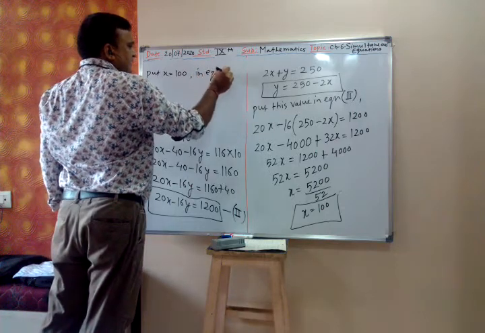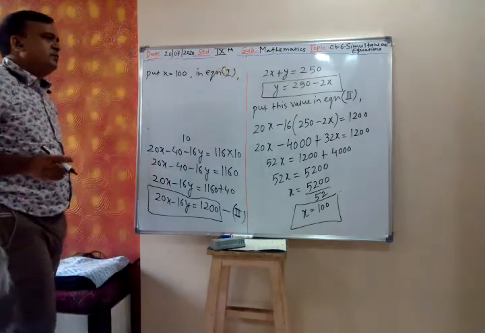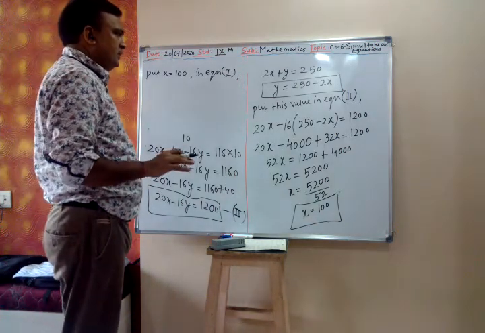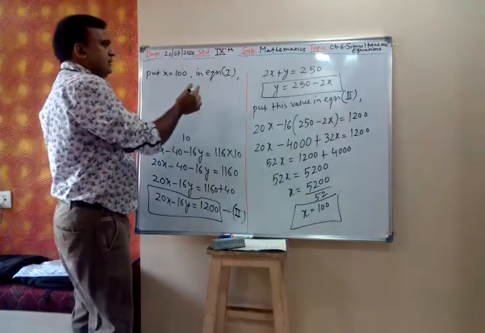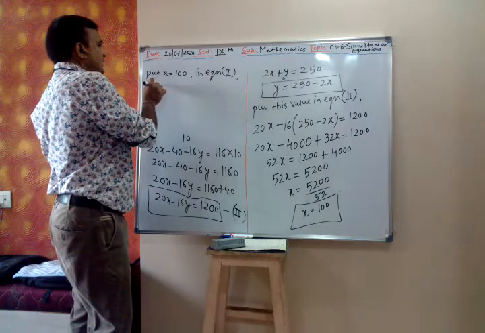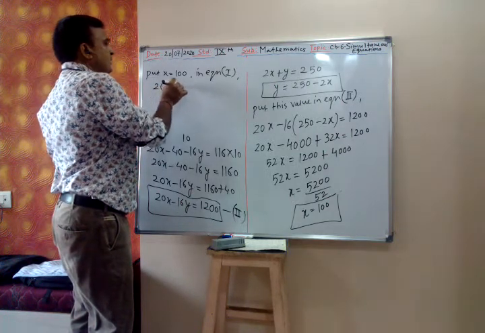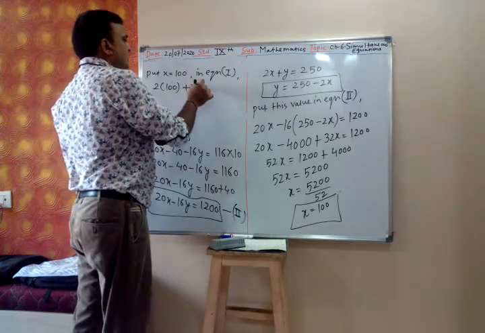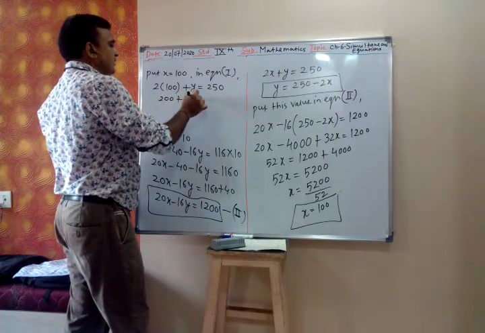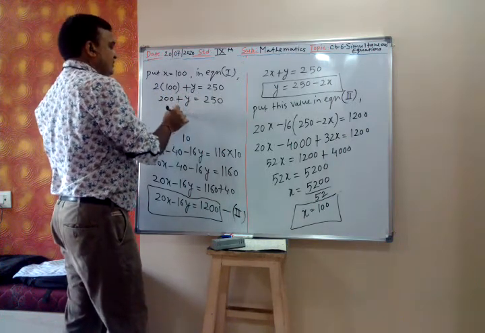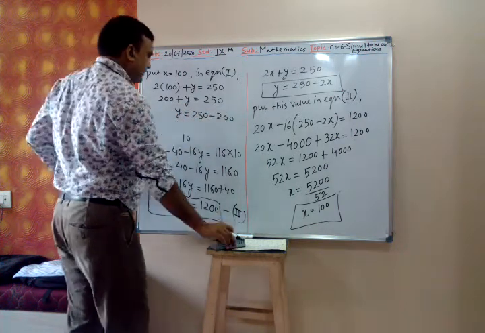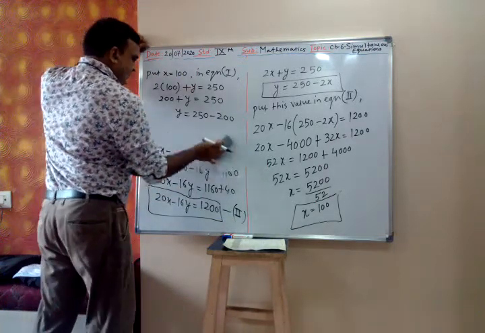This is the answer of x, but we have to get y also, no? So I am putting this value of x in equation 1. Equation 1 is 2x plus y is equal to 250. So 2 into 100 plus y is equal to 250. So 200 plus y is equal to 250. So y is equal to 250 minus 200. So y is equal to 50.